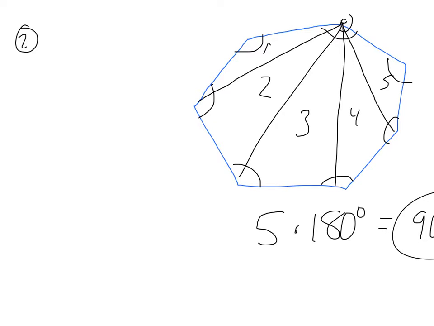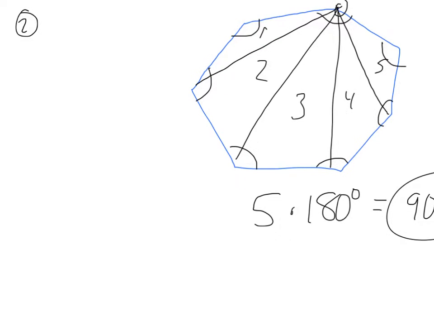So this would be item number 2. And the other way is, so we have splitting up triangles, we're talking about a new way now. If you take n minus 2 times 180, we will figure out the sum of all the interior angles. Now you might be asking, well, what is n? Well, n is going to be the number of sides.